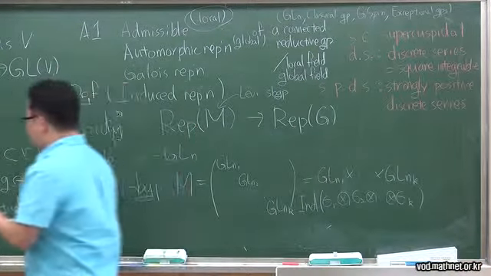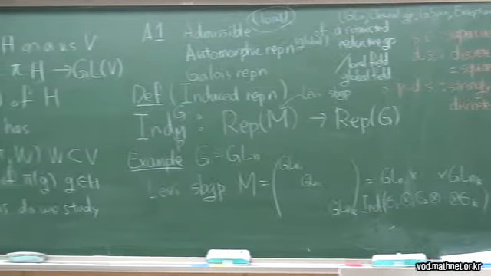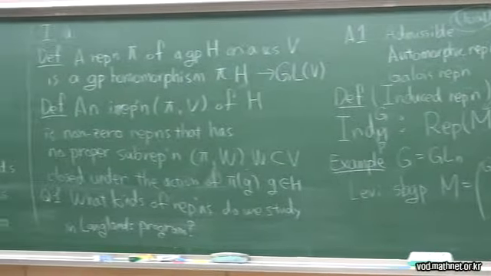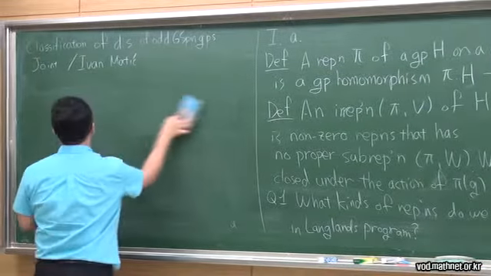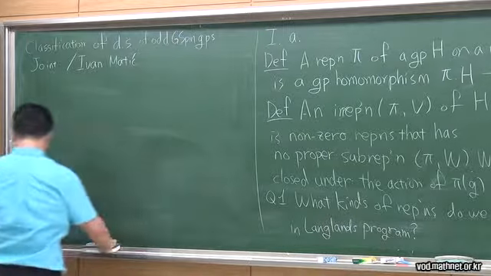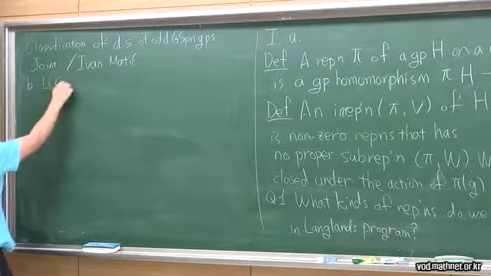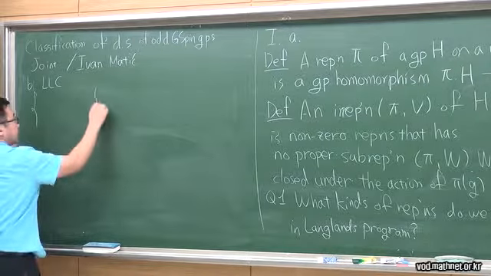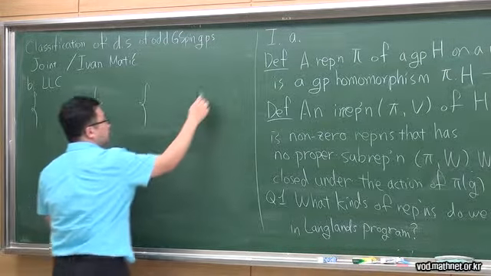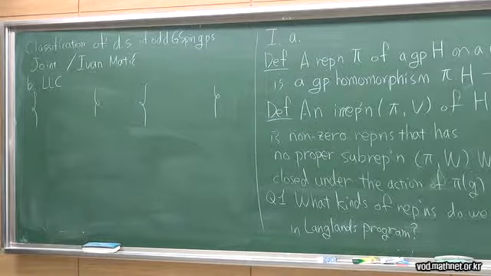And this becomes a representation of the original group GLN. Then I can mention the local Langlands correspondence before we go into detail about induced representations. The local Langlands correspondence, one main conjecture in the Langlands program, is that Langlands found a certain relation between two different areas which seemed unrelated before.